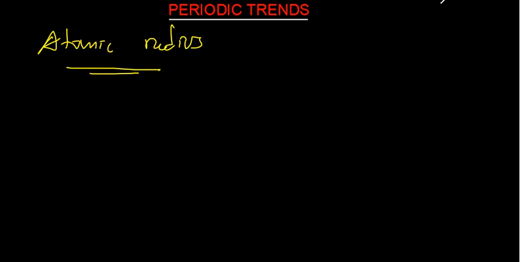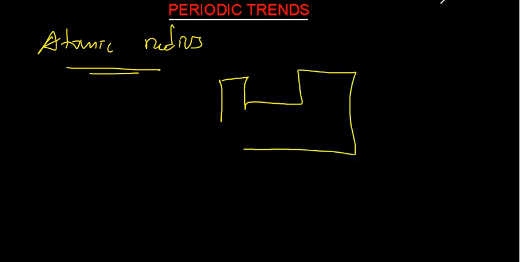So if you check in your periodic table, what is the trend for atomic and ionic radius? Atomic radius increases as you go to the right. So when you are going like this, we are saying atomic radius is supposed to increase. Is that true? Okay, we're going to come to discuss that one. When you are going down, atomic radius is increasing.